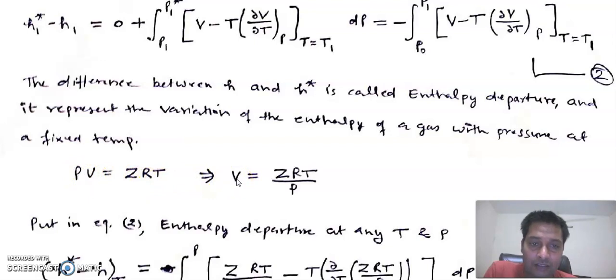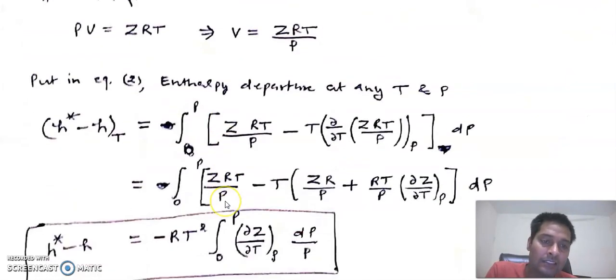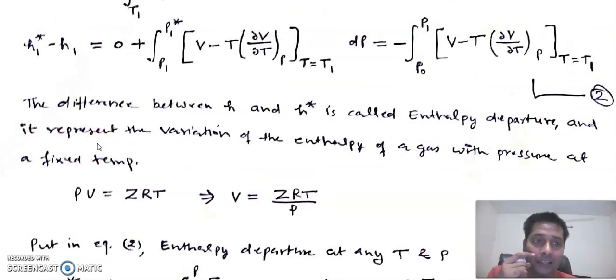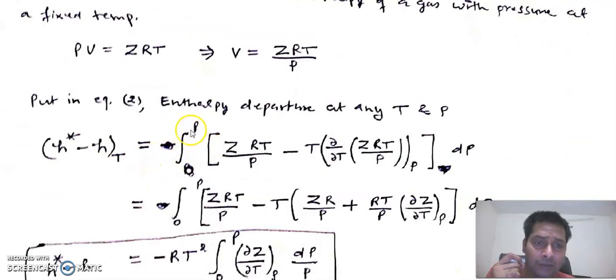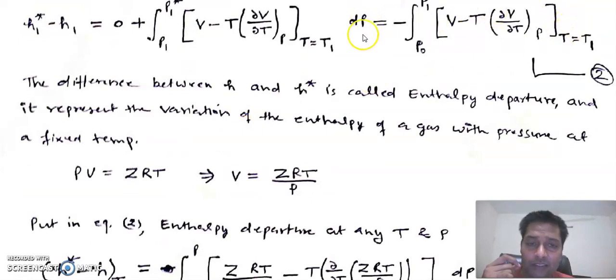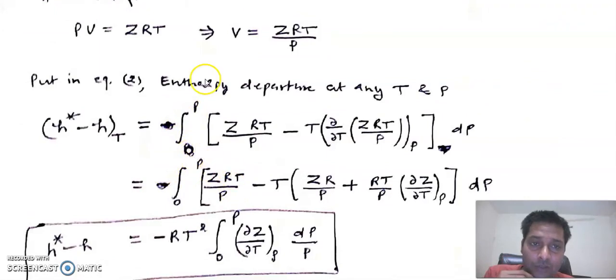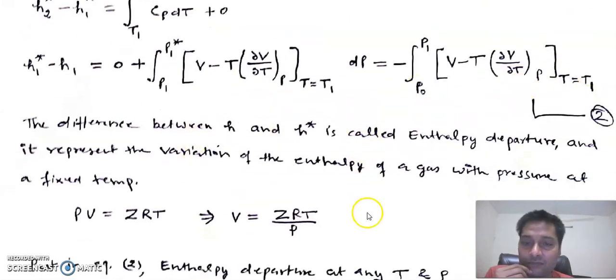From here V will be equal to ZRT by P. So for a generalized equation at any temperature and pressure, H star minus H, meaning enthalpy of an ideal gas minus enthalpy of a real gas, which is the enthalpy departure function, will be equal to the integration of this term from 0 to P. H star means the enthalpy at 0 pressure, up to any pressure P, whatever it may be, at temperature T.